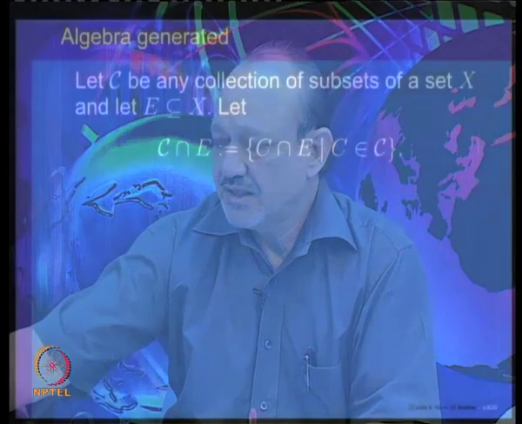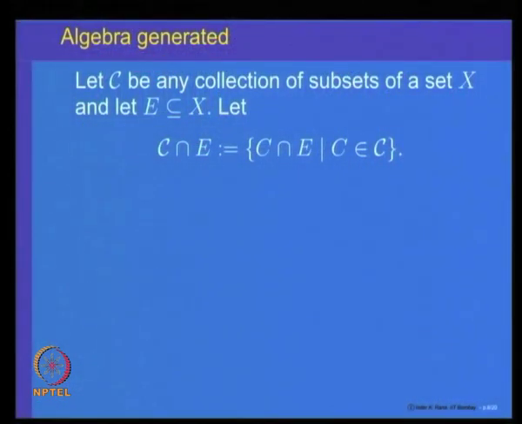So, let us take C any collection of subsets of a set X and let E be a fixed set in X. Let us write C intersection E to be the collection of sets of the type C intersection E, C belonging to C. Note that C is a collection of sets and E is a set, so C intersection E is just a notation for all sets of the type C intersection E, and note these are all subsets of the given set X. So, the claim is that given any collection C and any set E, let us look at C intersection E and generate the algebra by this collection of subsets.